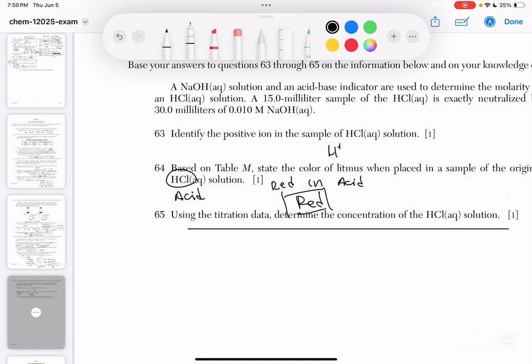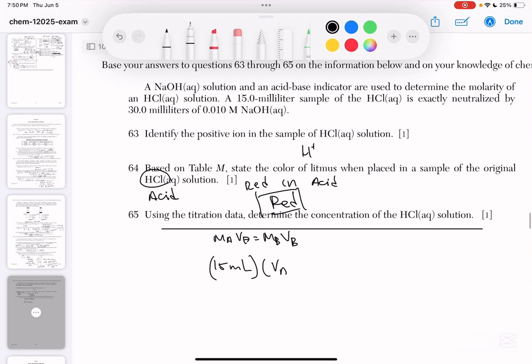Using titration data, determine the concentration. Okay, so this one would be MAVA equals MBVB. So we have 15 mL with unknown molarity equals 30 mL times 0.01 molar.